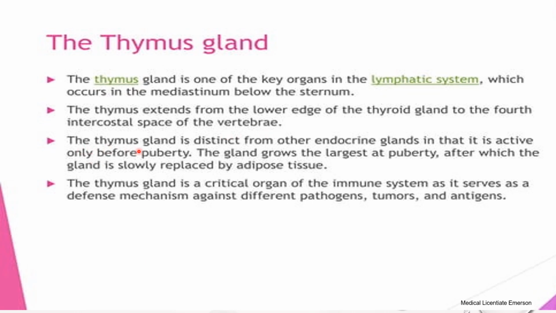So the thymus gland is distinct from other endocrine glands in that it is active only before puberty. The gland grows the largest at puberty, after which the gland is slowly replaced by adipose tissue.